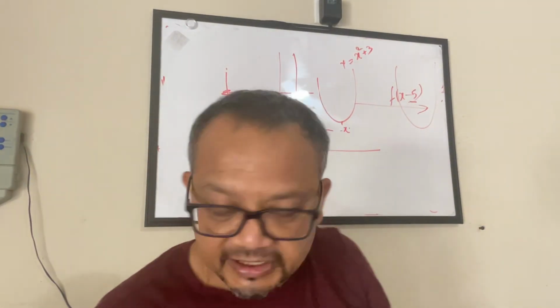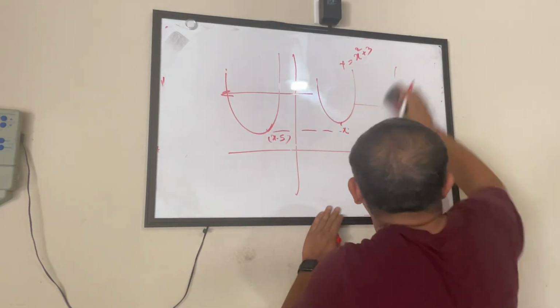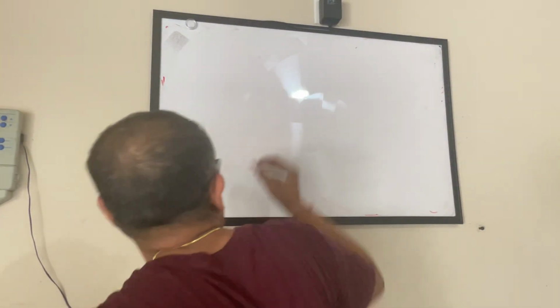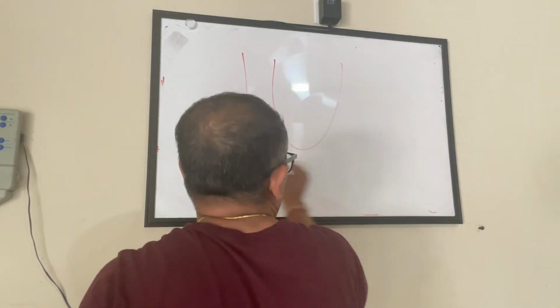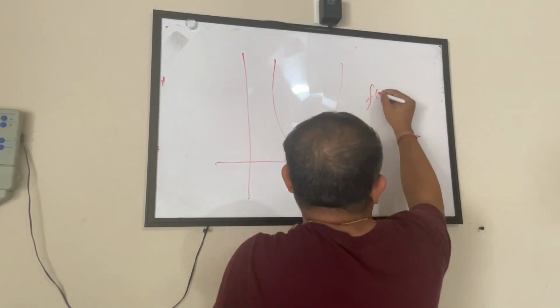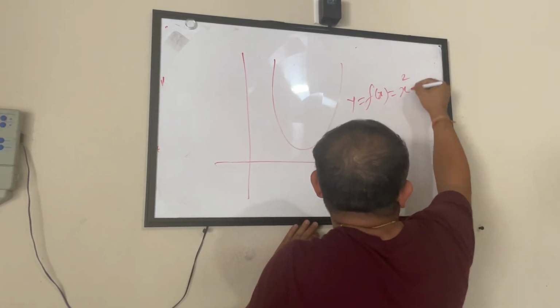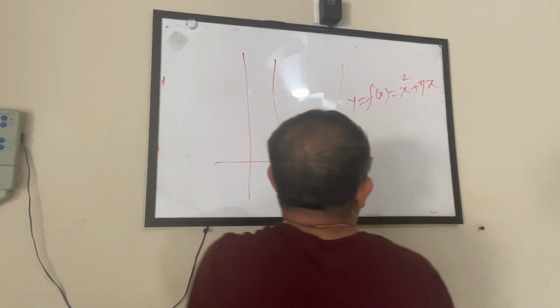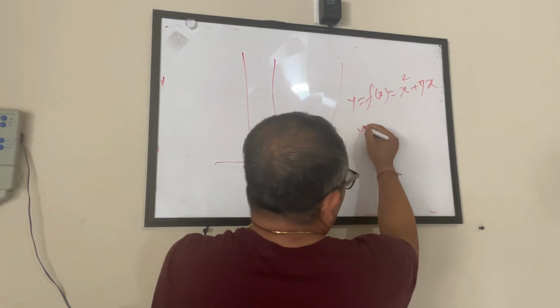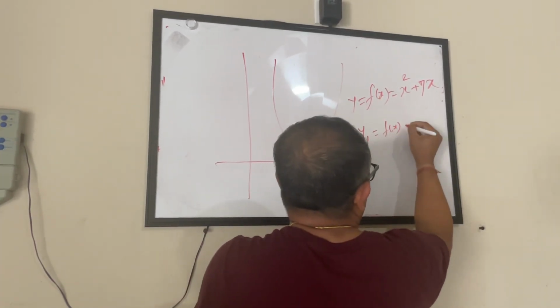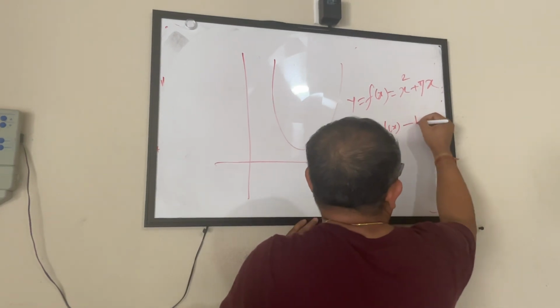Now, same thing. If you look at your parabola, this is a parabola which is y equal to function of x, x squared plus 7x, and then it says my new function is function of x minus 18.